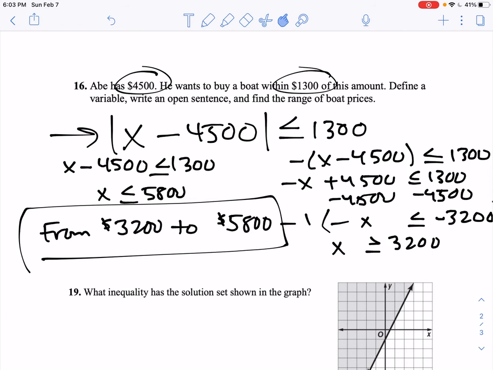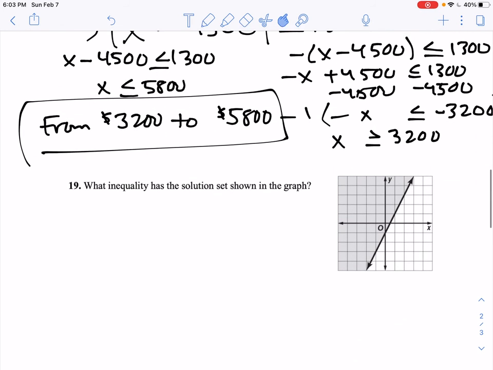So when you do these, the first thing to do is to not worry about the fact that it's an inequality and just try to write the equation of the line, the boundary line, right? On these, they're usually pretty easy to read because all you got to do is find your slope and then find your y-intercept. So those look like two good points that I could find my slope. It goes over 2, goes up 4.